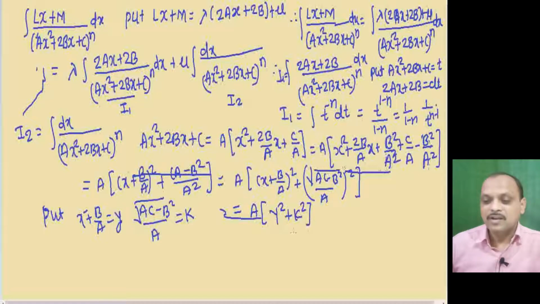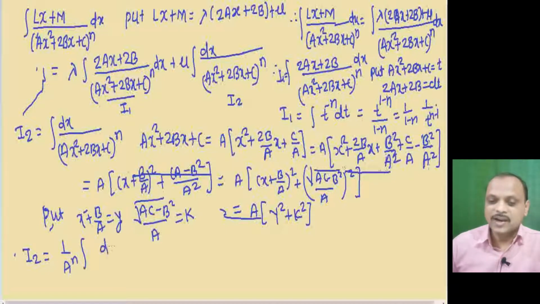And there you can see that this I2 will be 1 divided by a raised to n, integration of dy divided by (y square plus k square) whole raised to n.